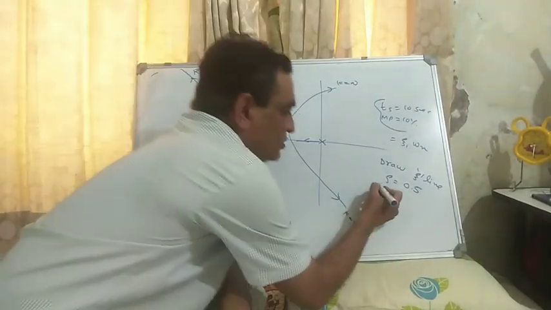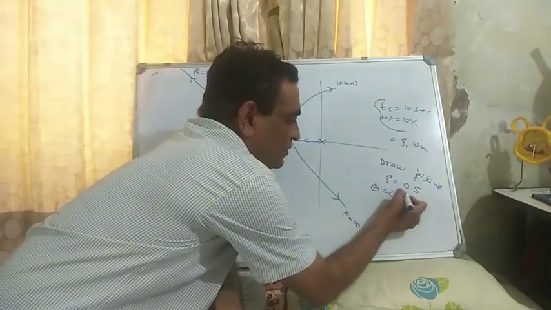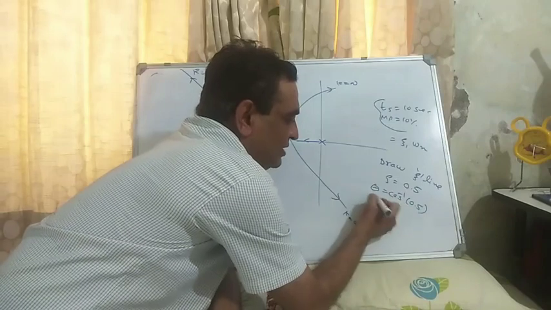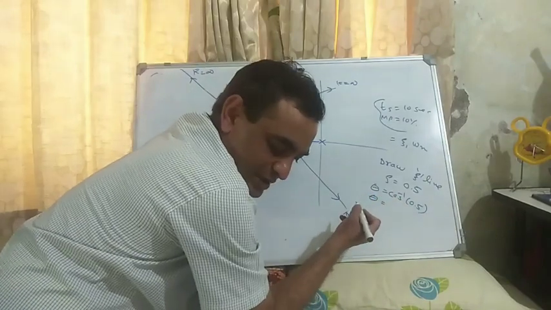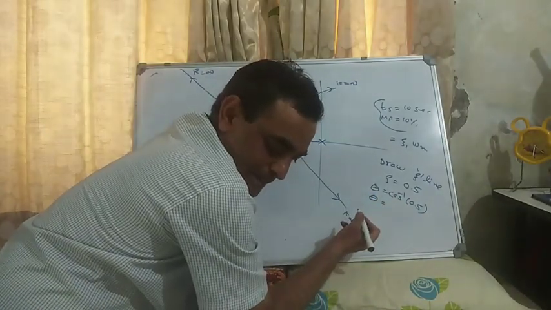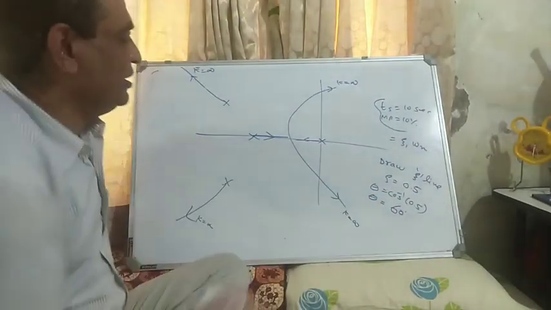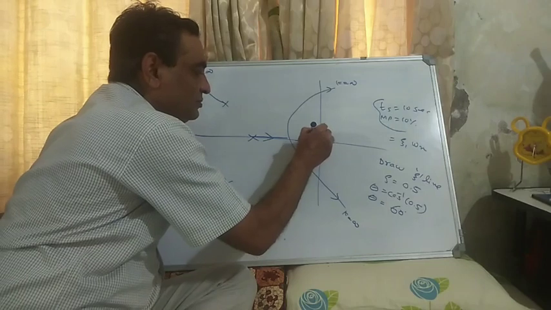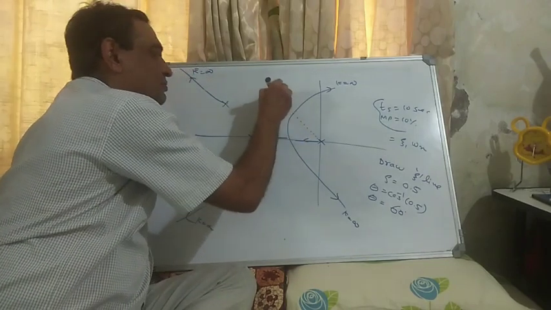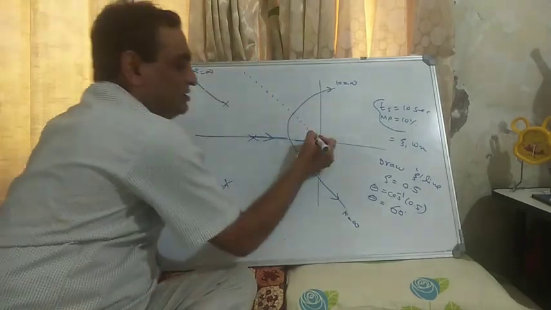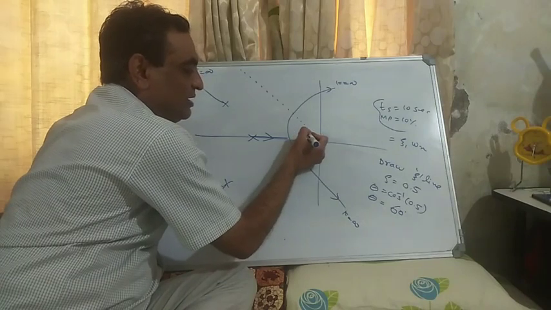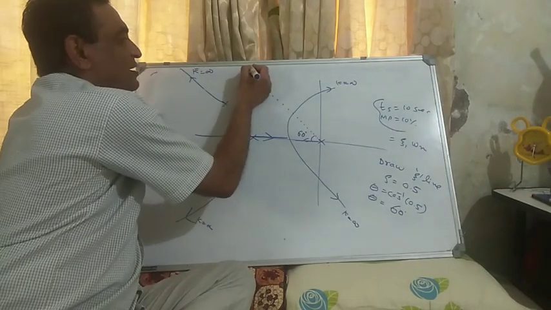So now theta is equal to cos inverse of 0.5, and this theta is roughly equal to 60 degrees. So once you get theta equal to 60 degrees, draw a line, and this is known as the 60 degree theta line, the xi line.